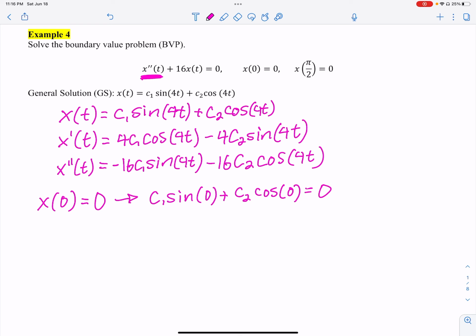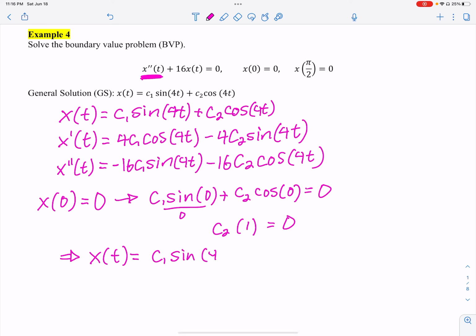Well, sine of 0 is 0, so we get c2 cosine of 0. Cosine of 0 is 1, so we get c2 is 0. That tells me that x of t is just c1 sine of 4t.